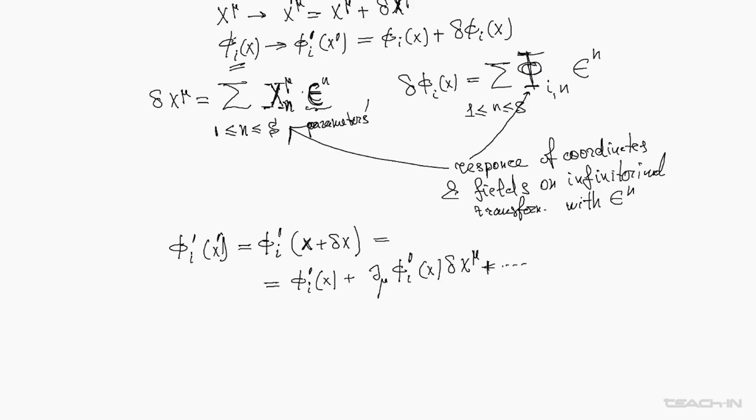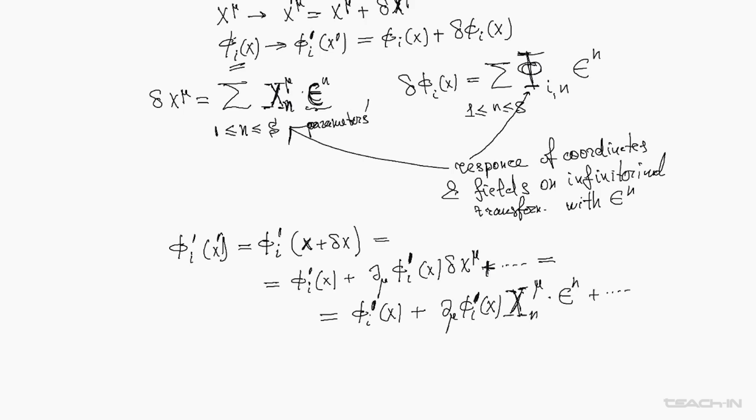If I continue, I write phi I prime of x plus d mu phi I prime of x, and now I substitute delta x mu, which is x capital xi n mu multiplied with epsilon n, plus higher order terms. Now you see that phi prime will be different from phi I also by order epsilon.